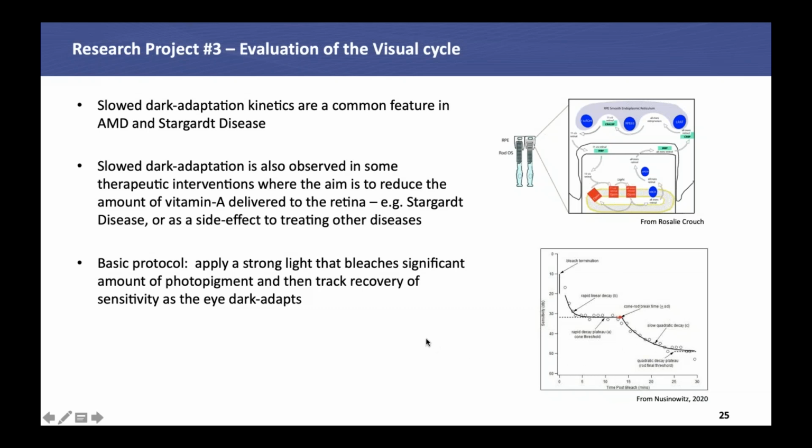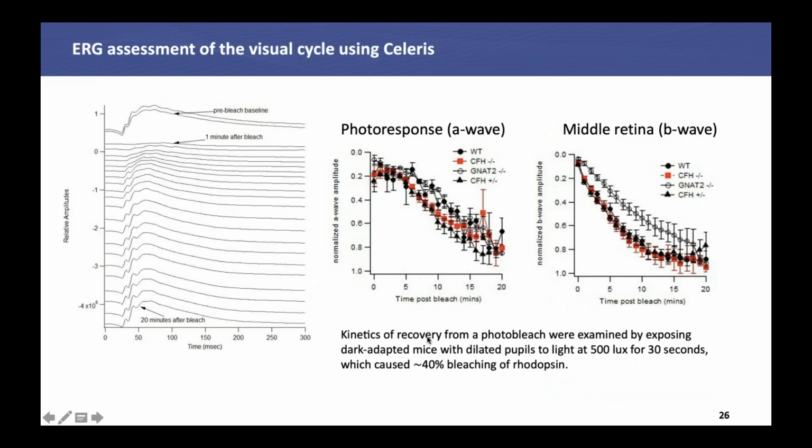So can we do the equivalent of this in the mouse? And the answer is yes. And here's an example using the Solaris. For this particular example, we're using a very dim probe flash in order to probe recovery. This is in the linear range of intensity. It's not designed to saturate the A wave, for example.